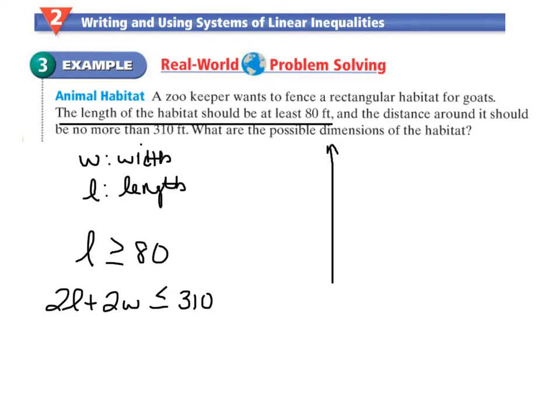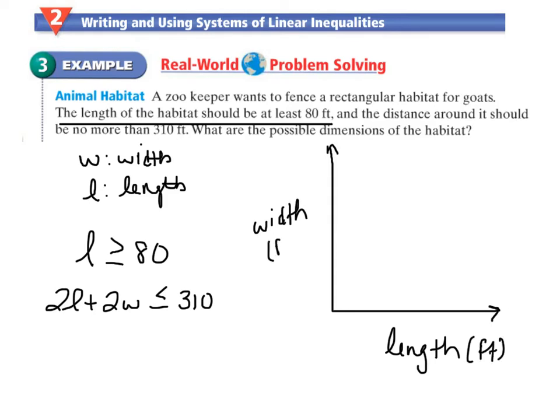So I'm going to put length and width as my labels. We're talking about feet, and we love to label. Since my length goes to 80, I'm just going to count by 20s: 20, 40, 60, 80.